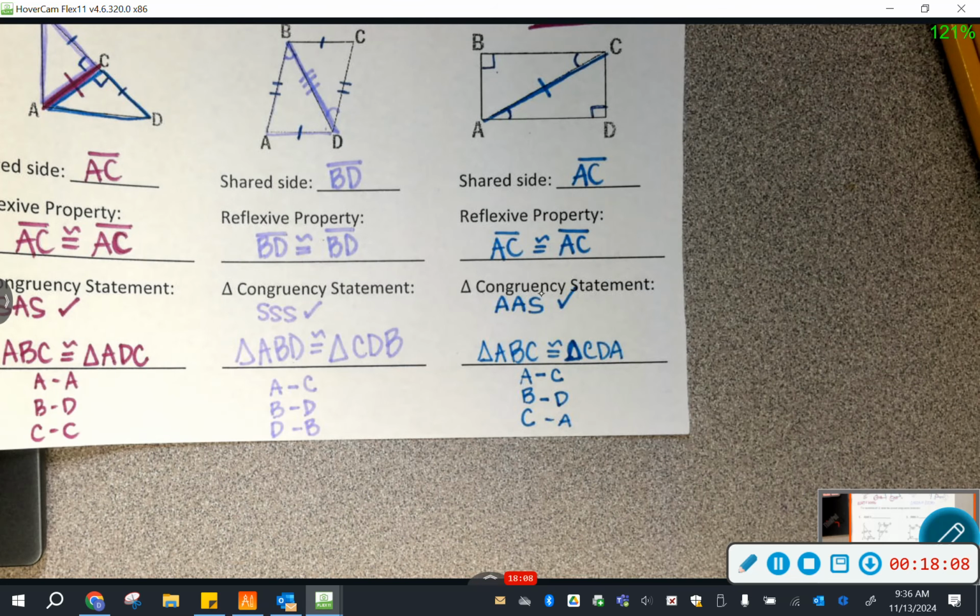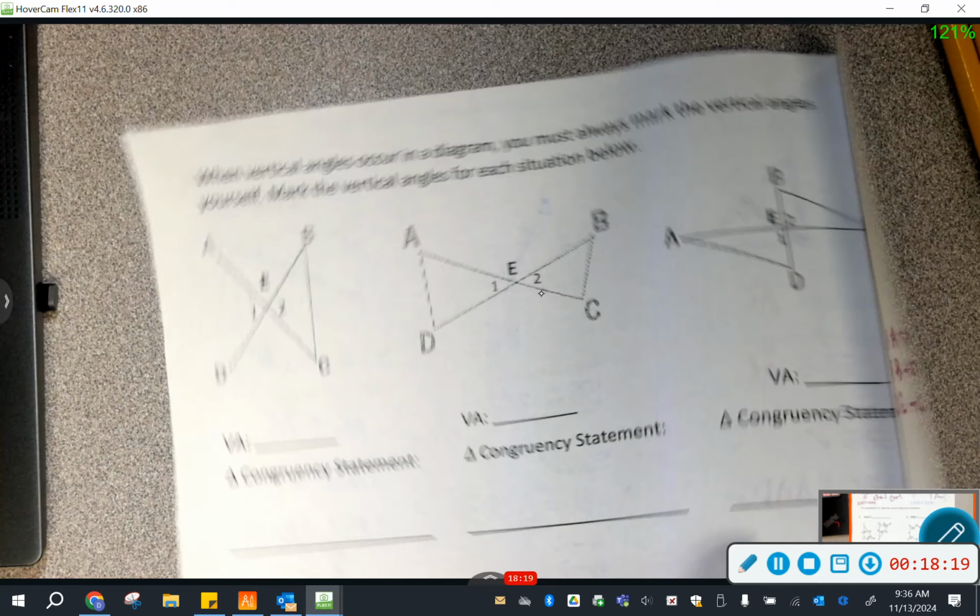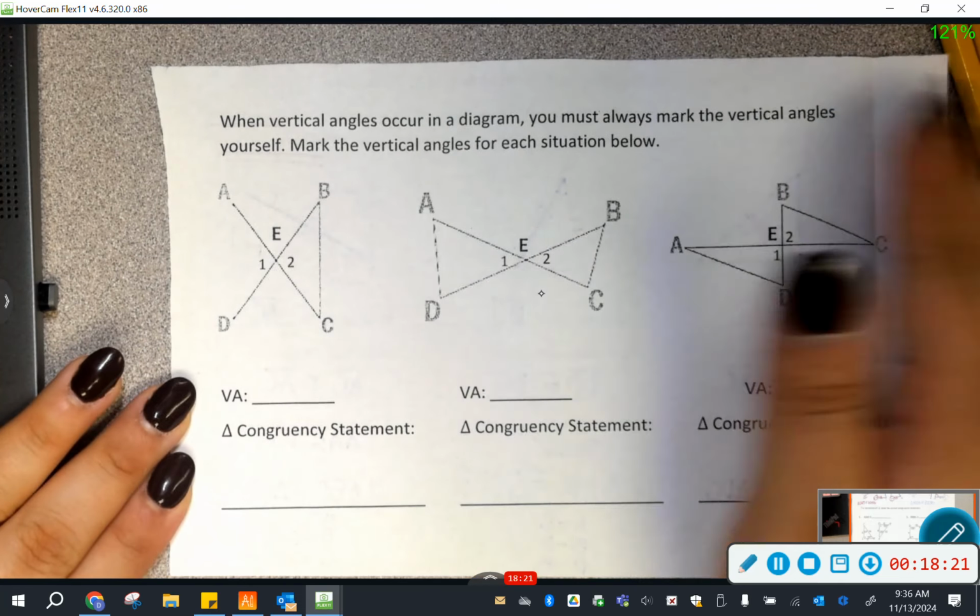Okay, that is the reflexive property. Everybody say reflexive property. Everybody, reflexive property. Okay, turn your paper over. I'm almost done talking.